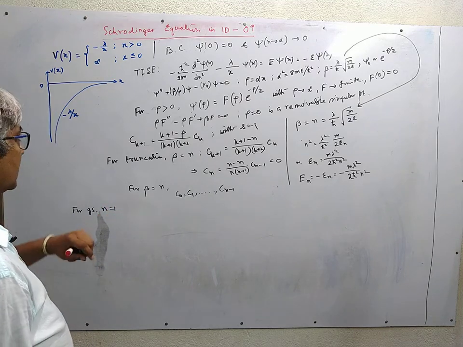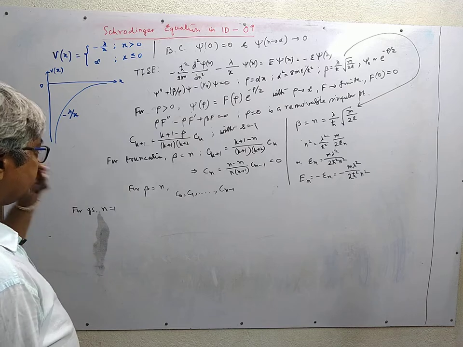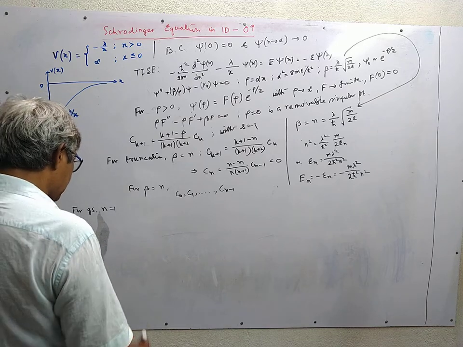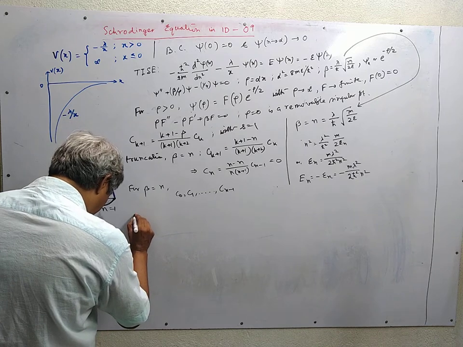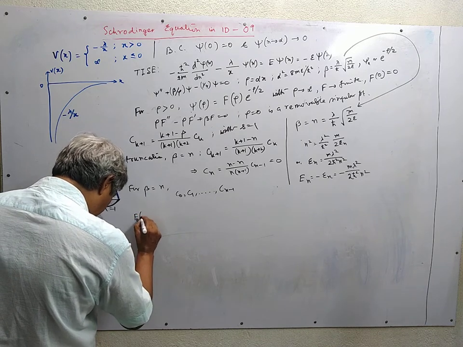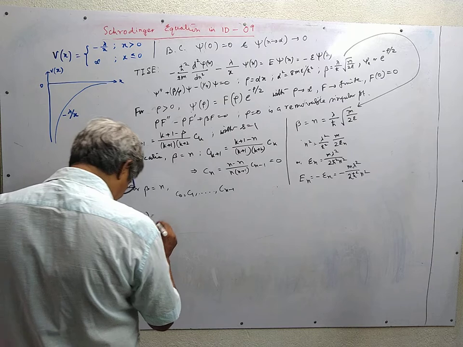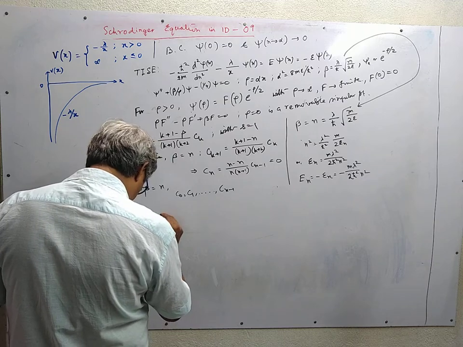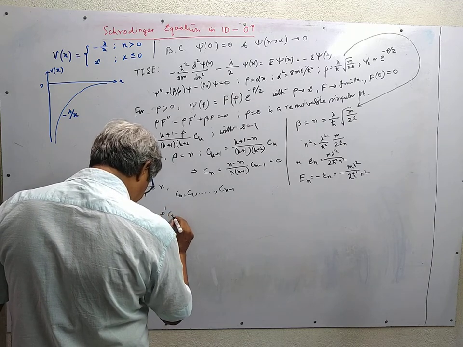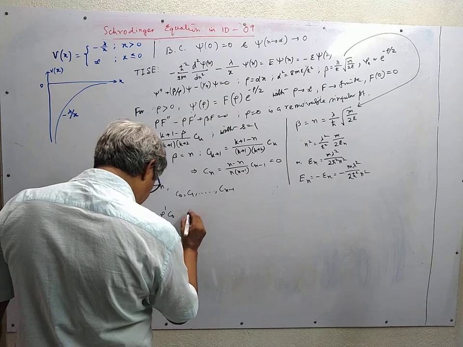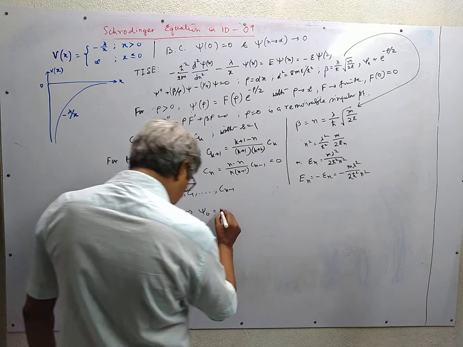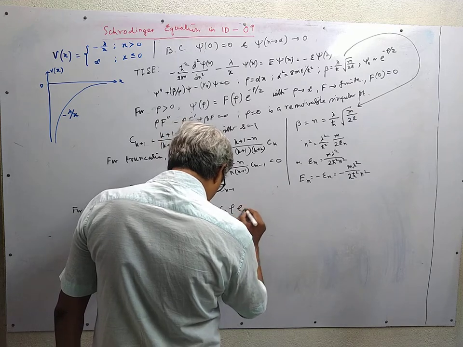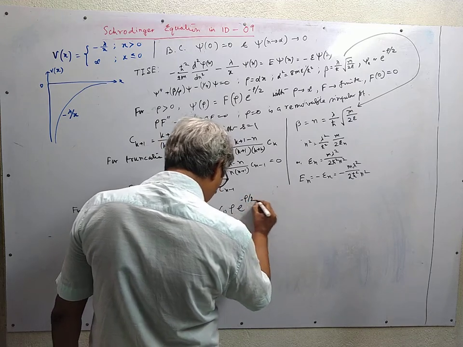In that case, the solution that we obtained has only one term, C0. So f0 of rho is equal to rho to the power s times C0, and the corresponding phi 0 is equal to C0 rho e to the power minus rho by 2.